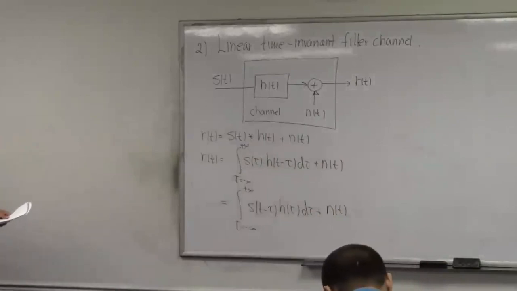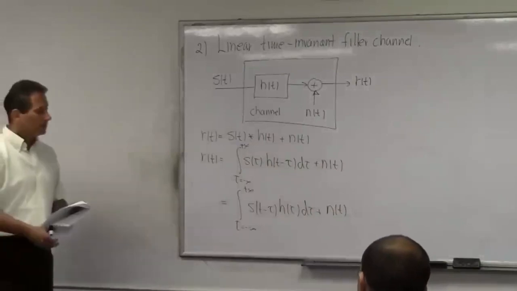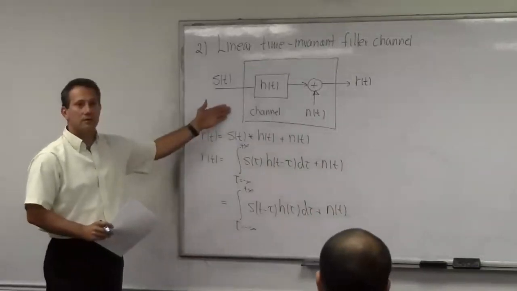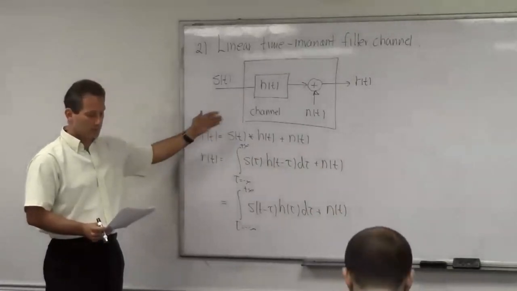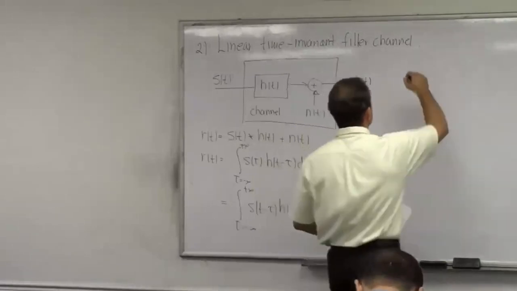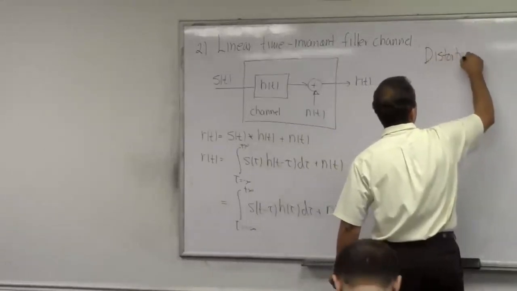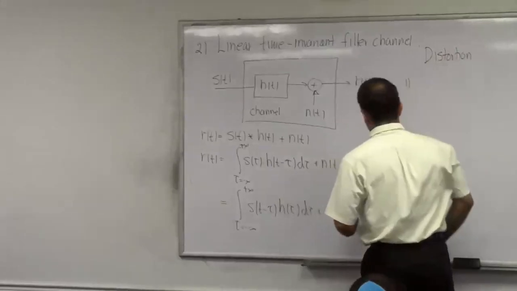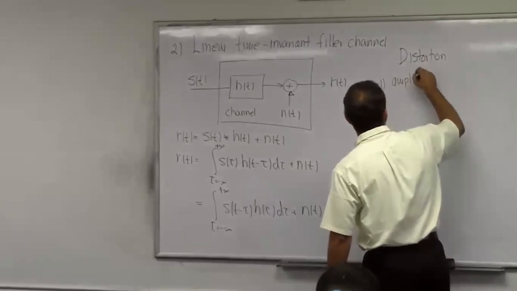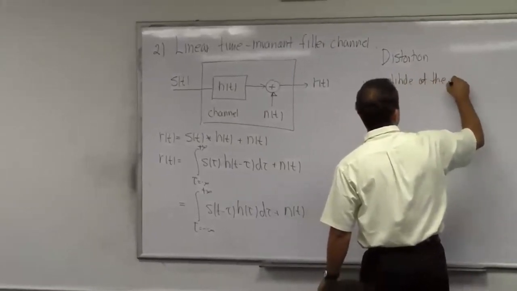So this channel, just like the previous one, introduces a set of distortions. Now let's take a look at what distortions are introduced by this particular channel. First thing, let me enumerate the distortions. The amplitude of the signal components has changed.